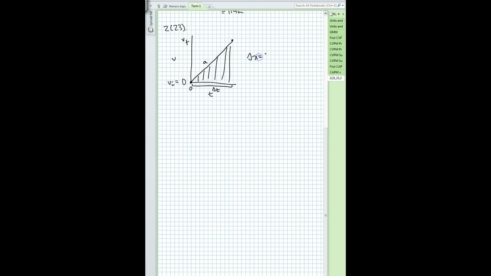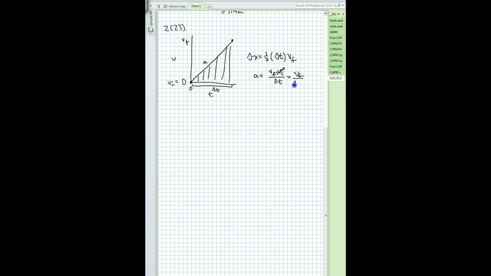So delta x will be 1/2 times delta t, which is the base of that triangle, times vf, which is the height of that triangle here. Now, delta t we don't know, but we do know a. And a is the slope of that line. The slope of that line is vf minus vi over delta t. The vi is 0, so that can go away.